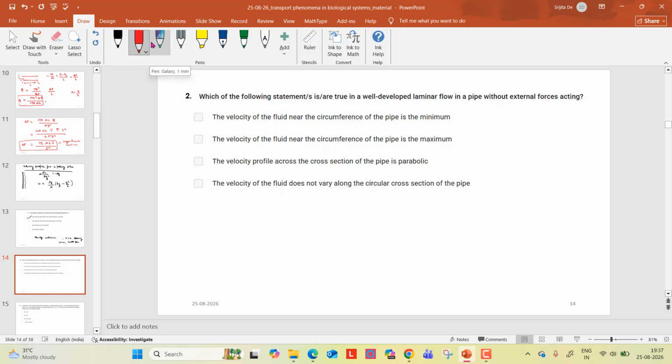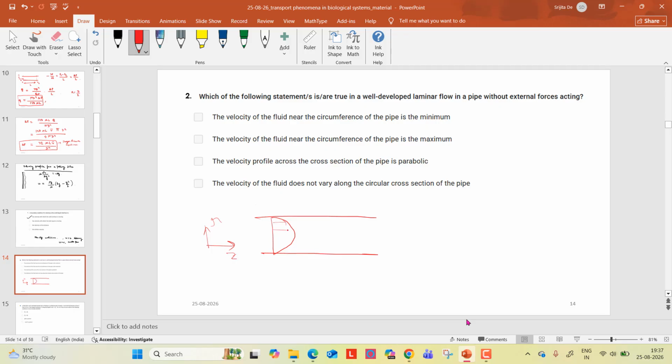Next, which of the following statements are true in a well-developed laminar flow in a pipe without external forces acting? So pipe flow we have recently discussed, right? So we have told you that, this is your Z, this is your R. The velocity profile would be maximum at the middle at r equals to 0, right?